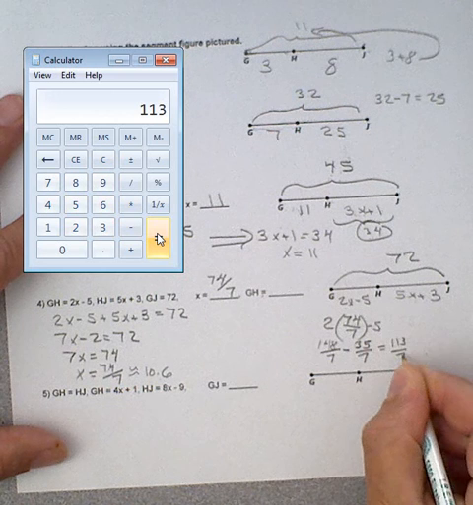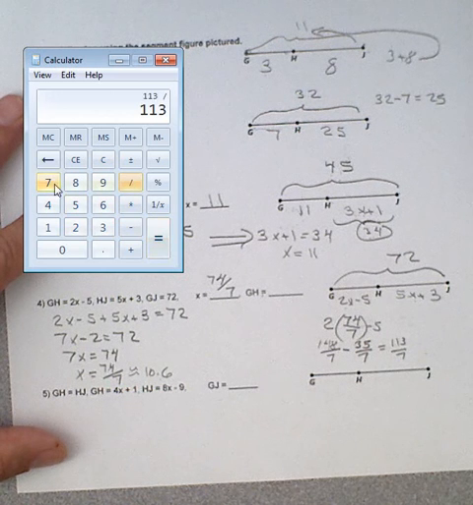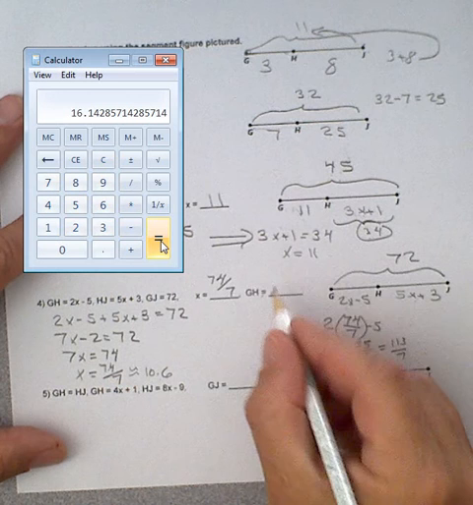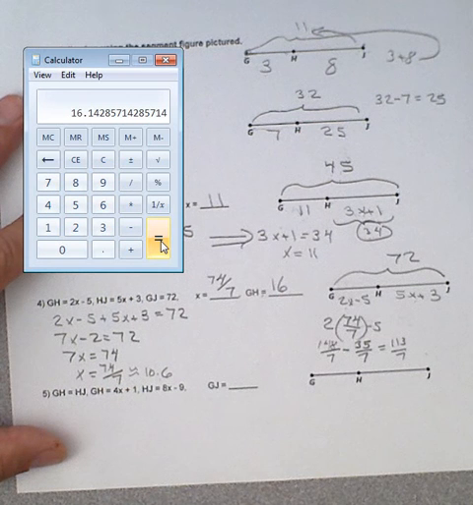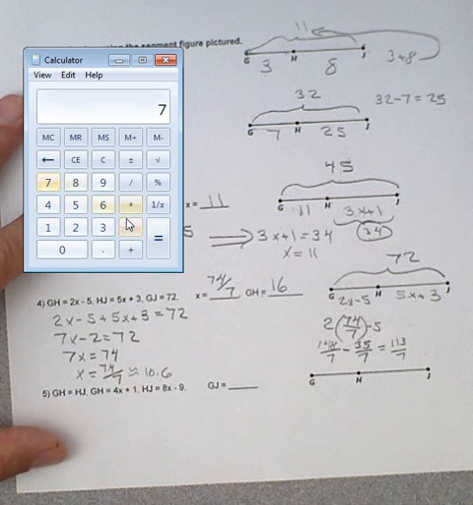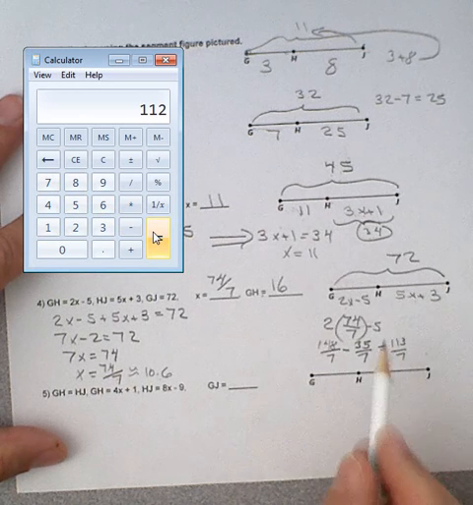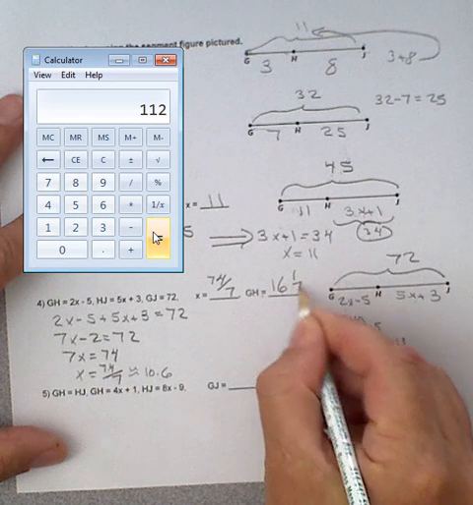Now 7 goes into 113, 16 times, and a little bit left over. That little bit, let's see, 7, 16 times is 112, so there's 1 left over, 1/7.